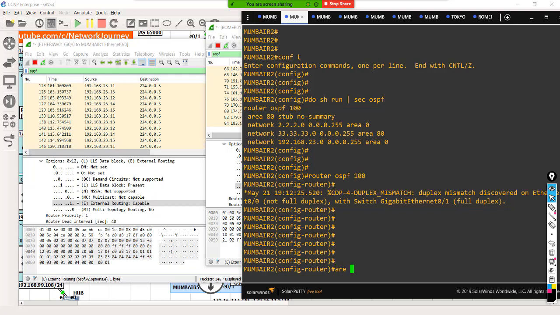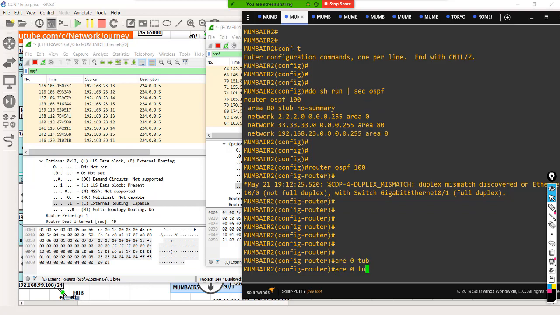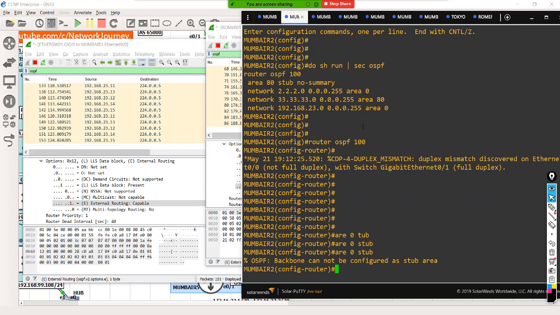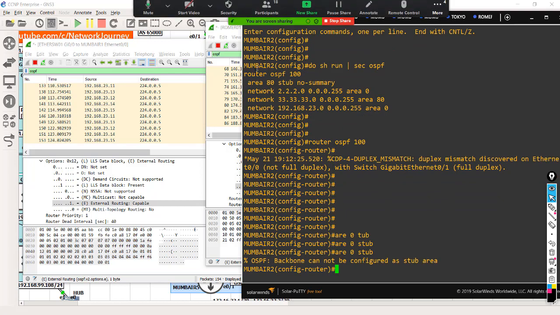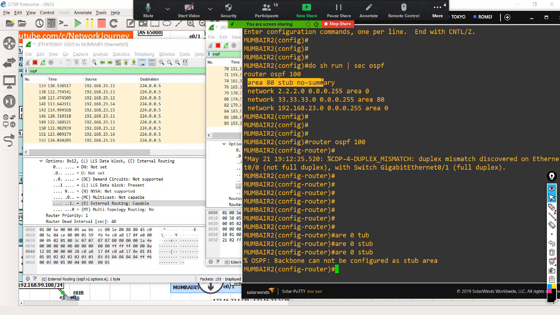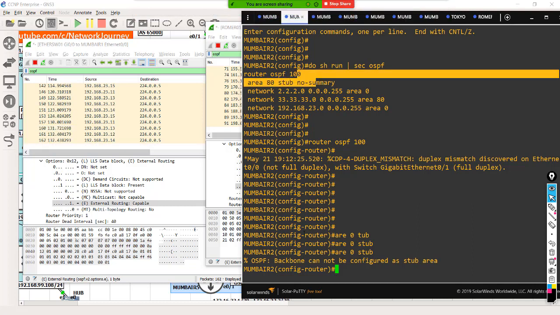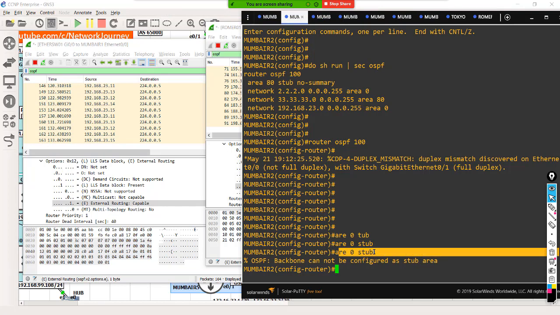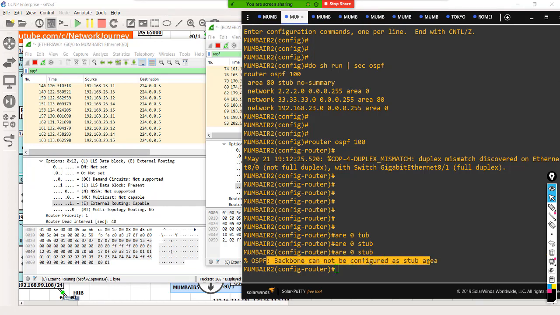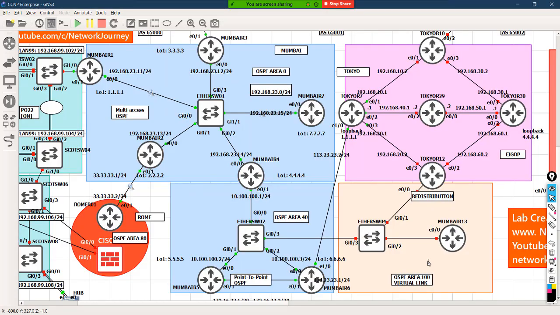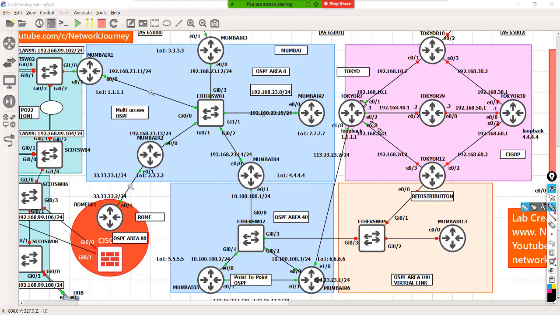So I'm going to suppress stub. That was my task, right? When I use area 80 stub, it has taken up the config. But when I try to suppress area 0, it says that backbone cannot be configured as stub area. Why is it happening? As you know, area 0 is the backbone.